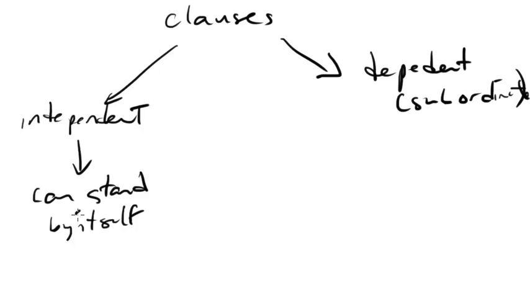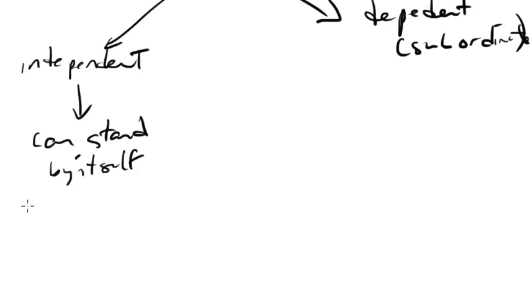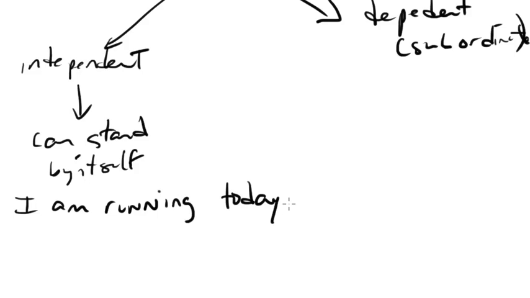It doesn't need anything else to make it a complete sentence. An example would be, I am running today. We've got a subject, we've got our verb, am running, or am if you want to be particular about it. And there you go. The sentence can stand by itself, it doesn't need anything else.